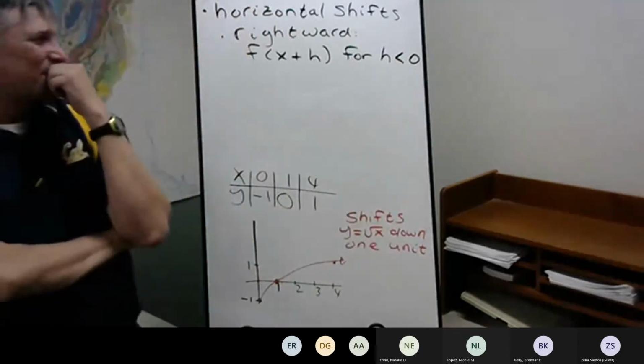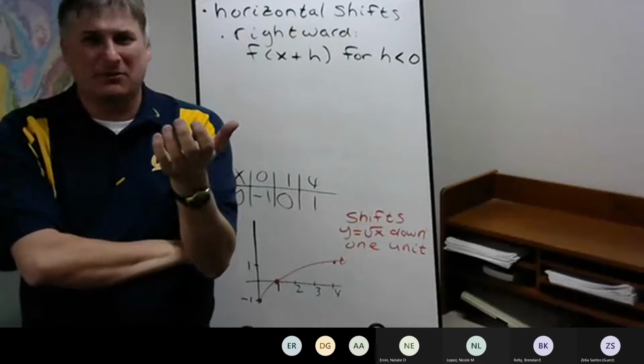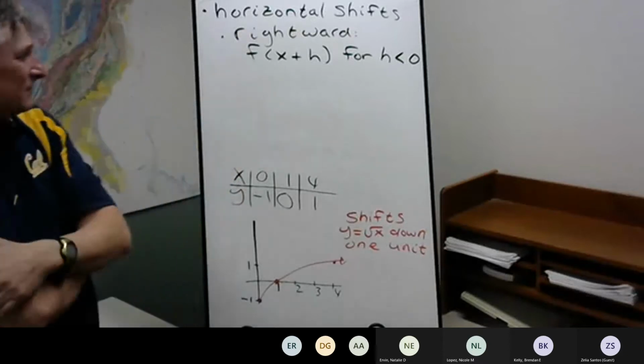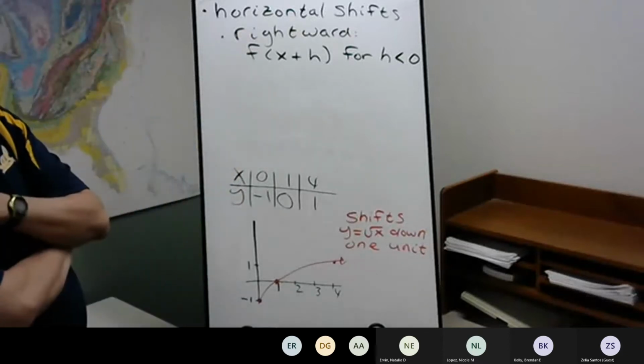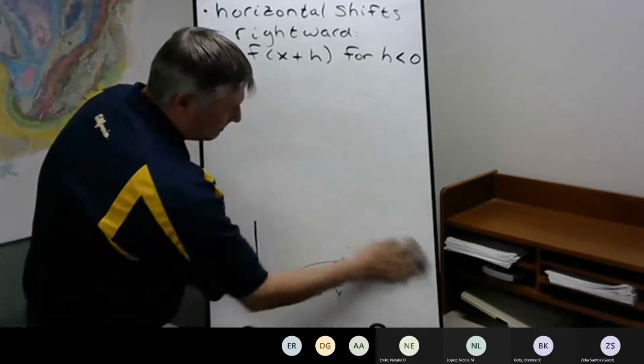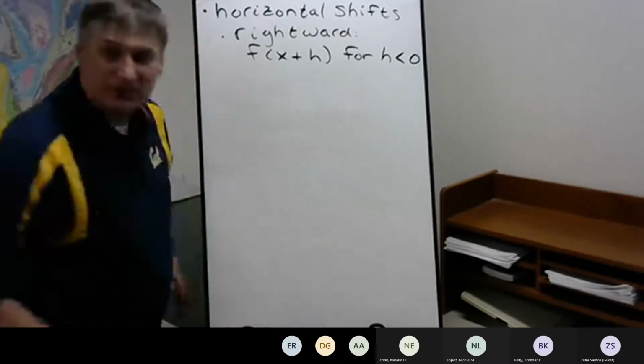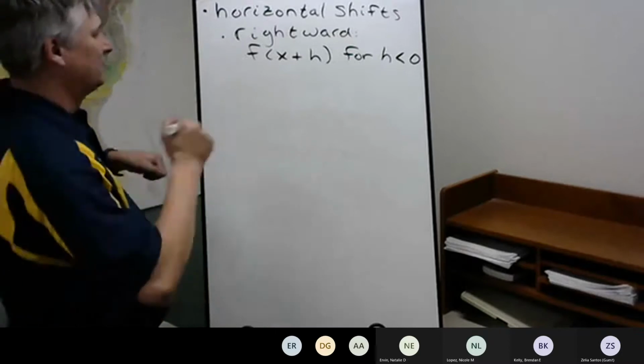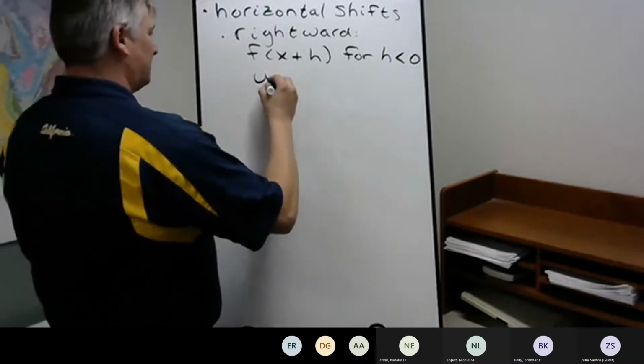Now for this, again, we're doing this thing where h is actually a negative number. So I'll show you what this works out to in an example. But for this, let's go to a different canonical function. Let's do this.